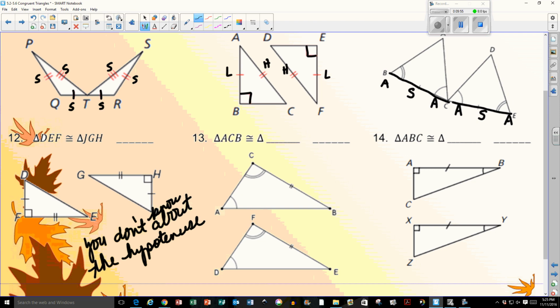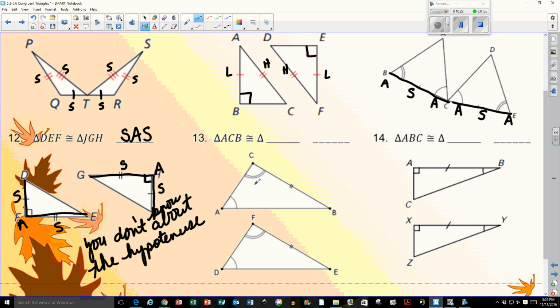So this is a side, and it's congruent to this side. This side is congruent to this side, and this angle is congruent to this angle. So do you see how the angle is connecting my sides? So this would be side, angle, side, and the same thing over here, side, angle, side. So these two are congruent by side, angle, side. So if you don't know about the hypotenuse, do not worry about hypotenuse leg.